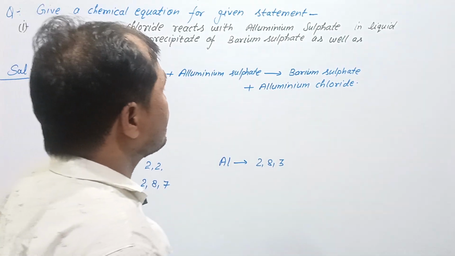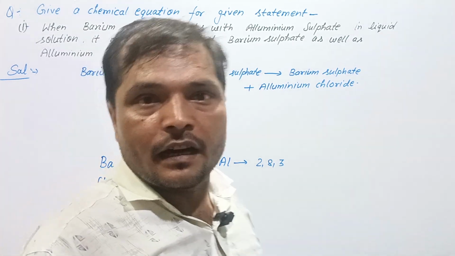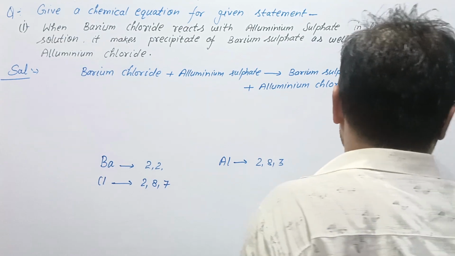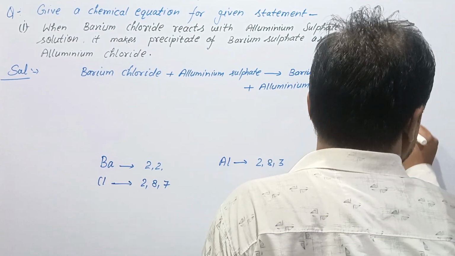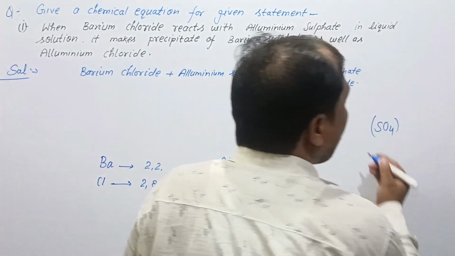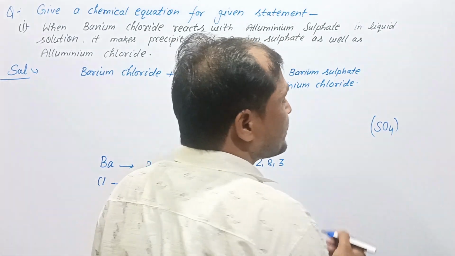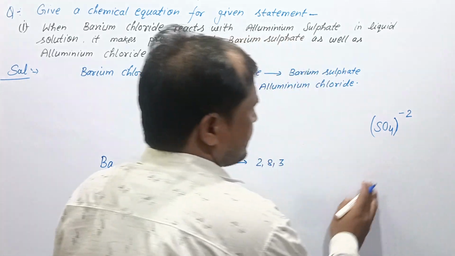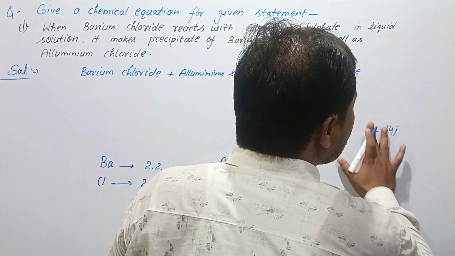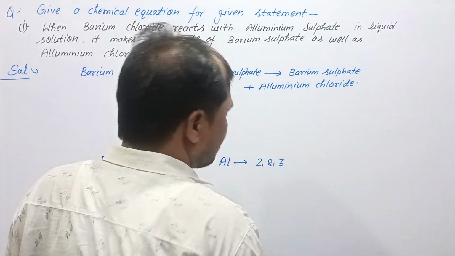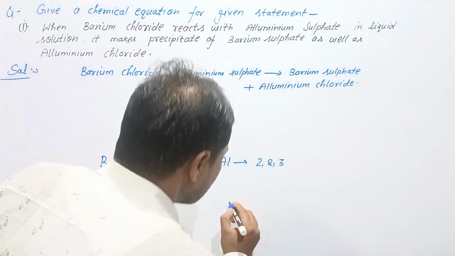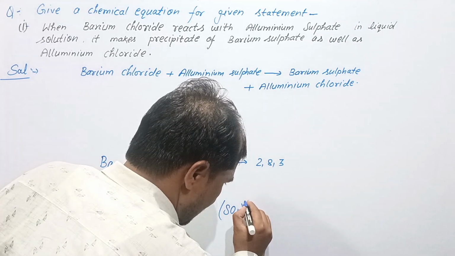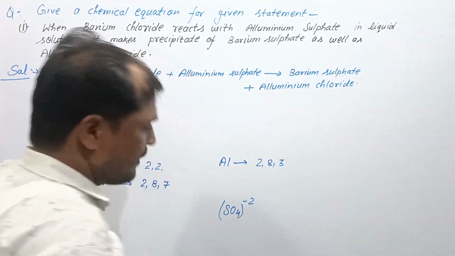And sulfate is also an ion of a group of atoms, SO4. It has the valency of -2.